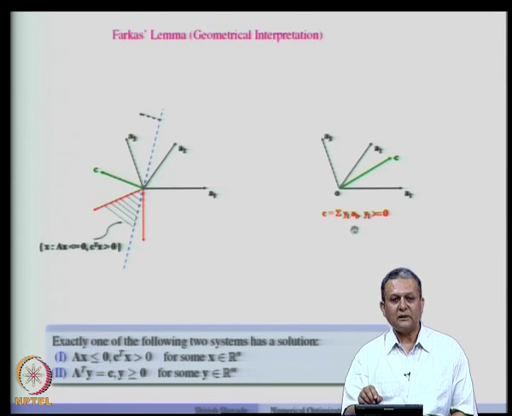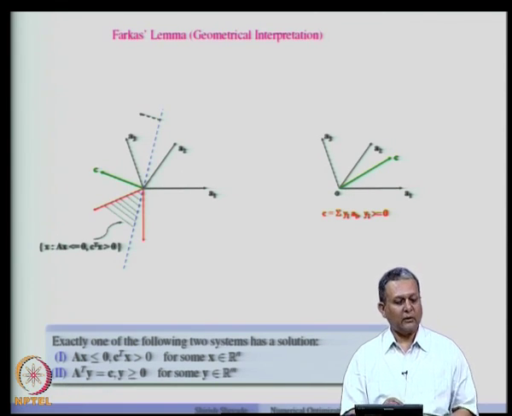So, C can be written as sigma yi ai, where the yi are greater than or equal to 0. So, either Ax less than or equal to 0 and C transpose x greater than 0 for some x in Rn, or A transpose y equal to C and y greater than or equal to 0 for some y in Rm. That means that either you find x which satisfies this, and if you cannot do that, then there exists some y such that A transpose y equal to C and y greater than or equal to 0.